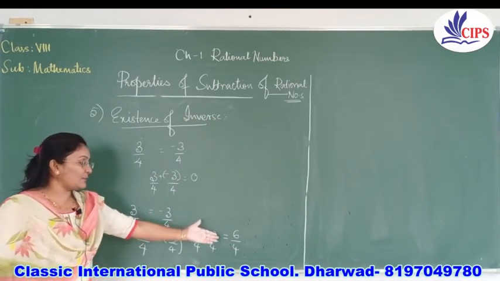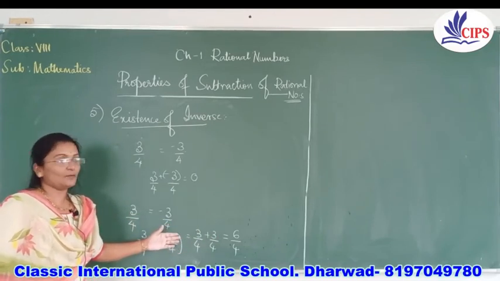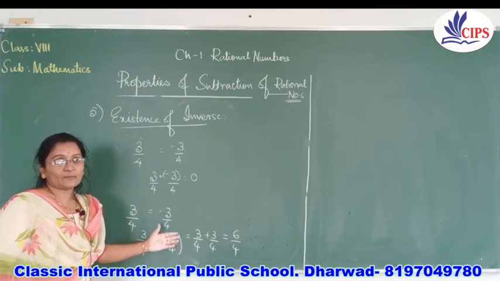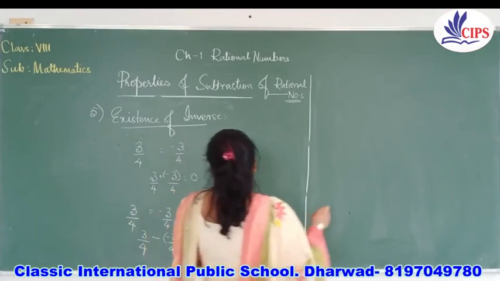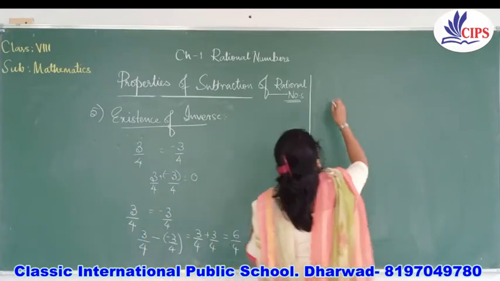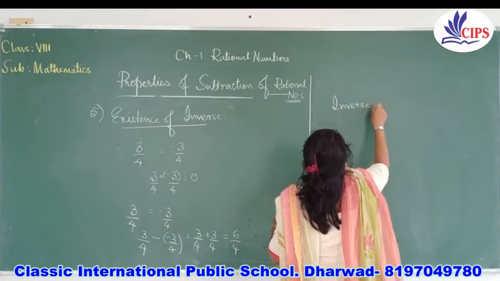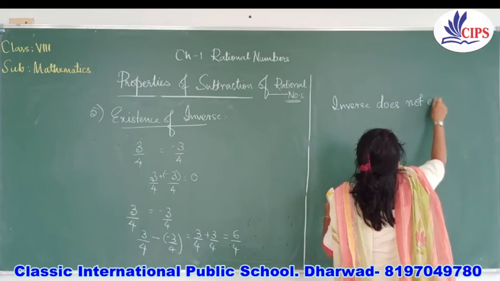But here we got something else, that is 6 by 4. So the inverse property does not exist here. Inverse does not exist.